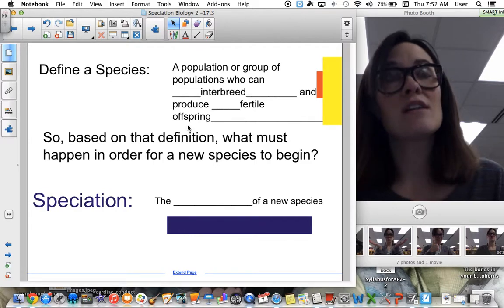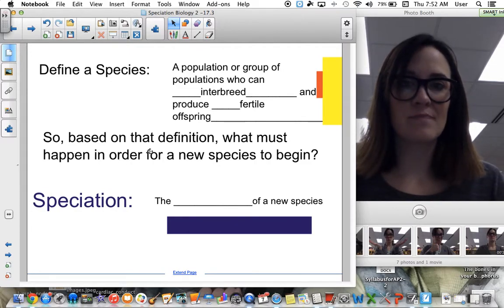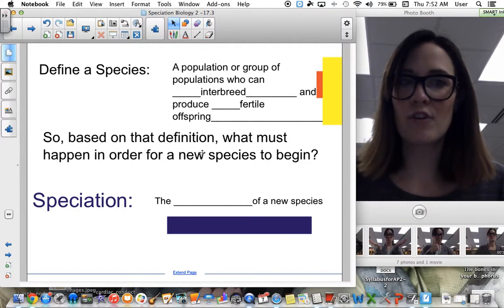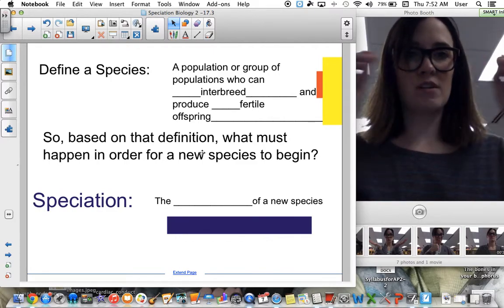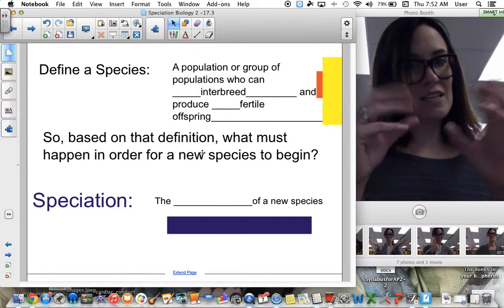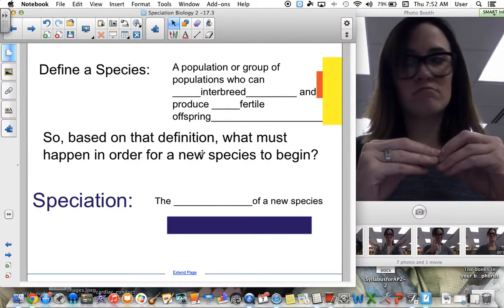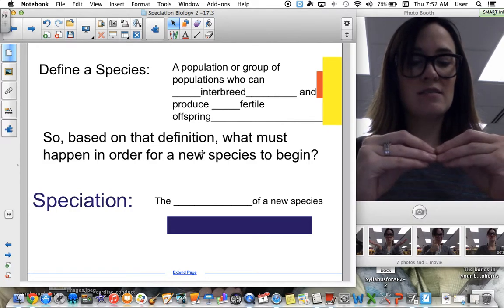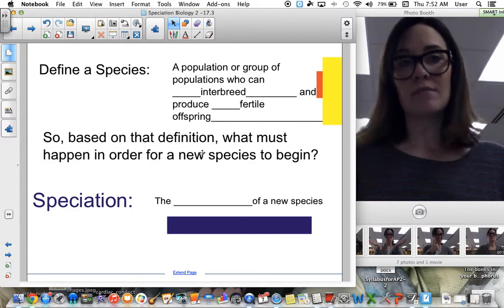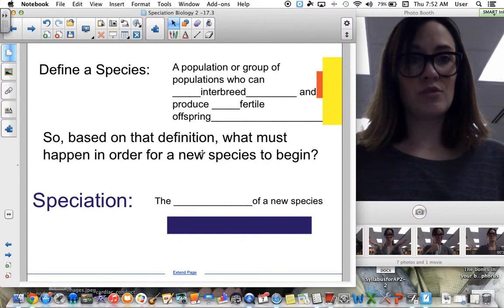So based on that definition of a species, what must happen in order for a new species to begin? How does one species eventually split into two different species? What has to stop? You could answer that question out loud. What has to stop is those two species have to stop reproducing to become two species.